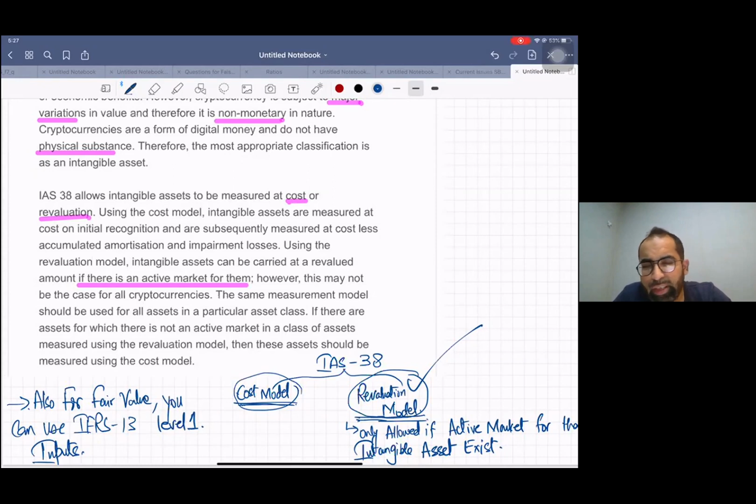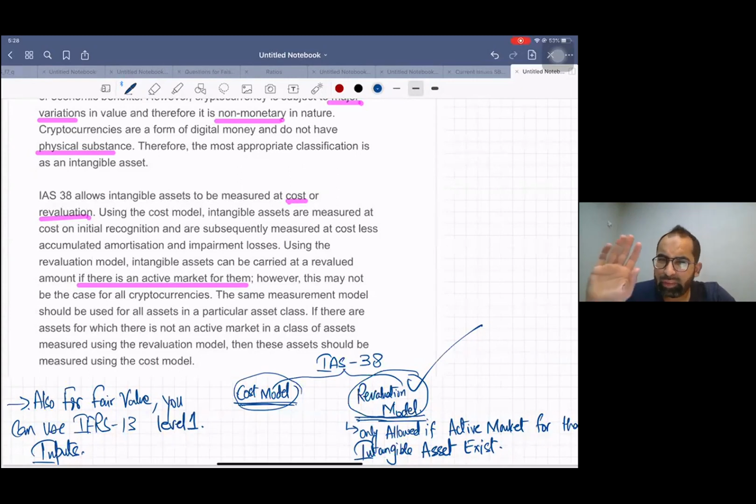Many people are trading in cryptocurrencies nowadays, and you can see the active market of cryptocurrency through exchanges. So yes, IAS 38 applies to cryptocurrency, and which model can be applied? Yes, it's a choice, but you can apply the revaluation model here.